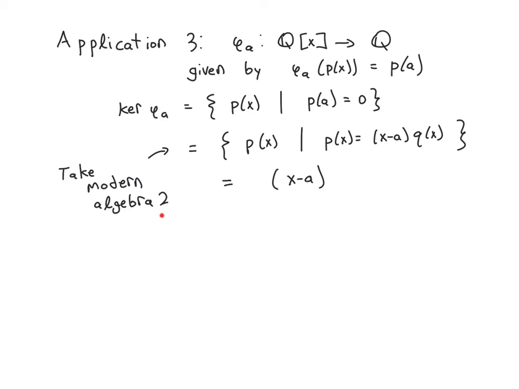Now, something you prove in modern algebra 2, and you've learned this in college algebra, but the proof that it works is covered in modern algebra 2, is that the only way that a is a root of a polynomial with rational coefficients, when a itself is a rational number, is if you're able to factor your polynomial as x minus a times another rational polynomial q of x.